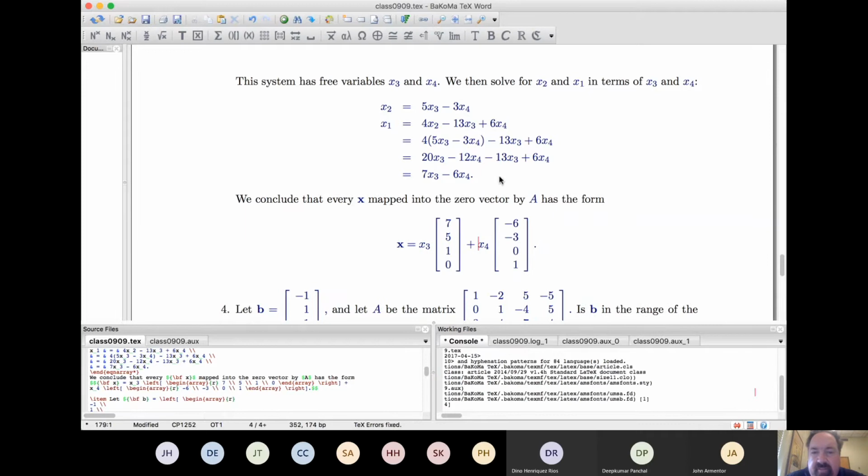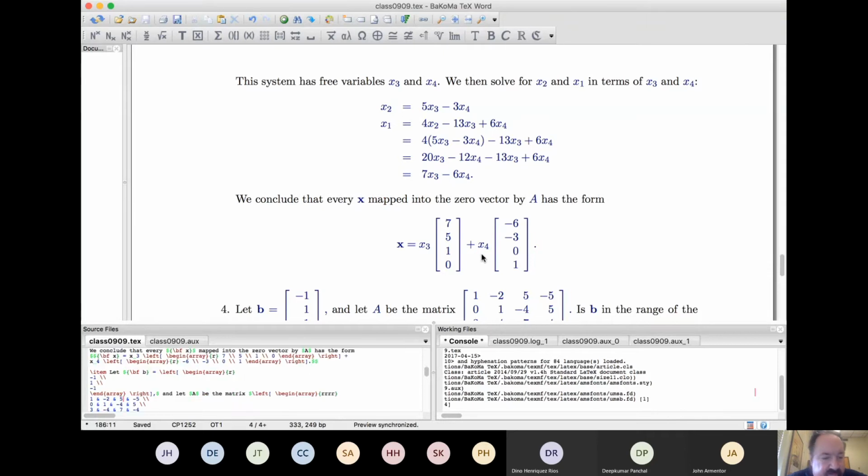So minus 6 from x1, minus 3 from x2, nothing for x3, and then x4 is a 1. So this describes all possible solutions of Ax equals 0. So the image of any vector of this type, for whatever values of x3 and x4 you substitute in, will be 0.